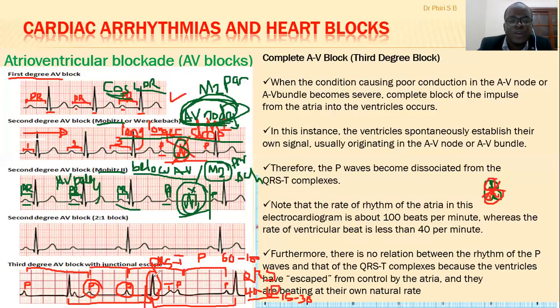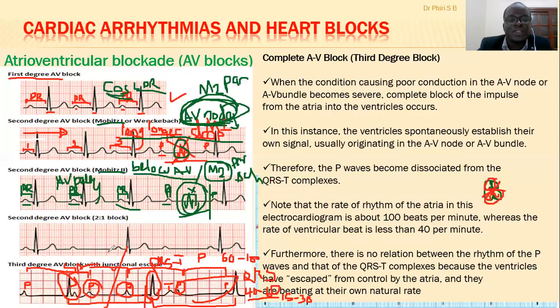So you have the QRS and the T wave, but there's no correlation with the P wave. After the T wave, you have the P wave here. So it means that the atria are contracting on their own, and then the ventricles are also contracting on their own because there's a complete block between the SA node and the bundle branches.